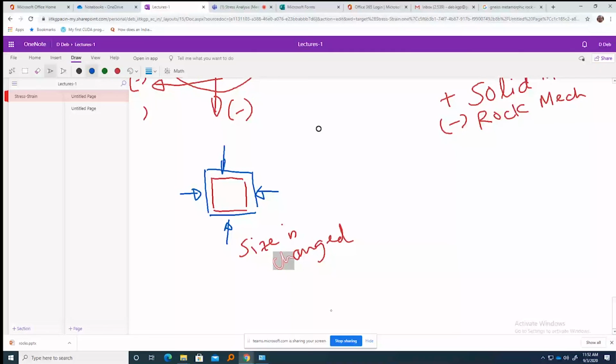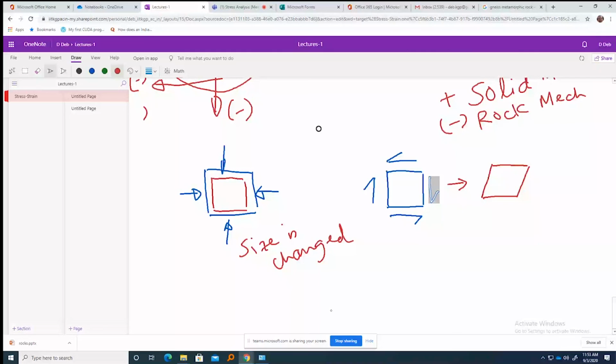Now let's say again I have this and I have shear stress. Now what is it doing? It is changing it something like that.